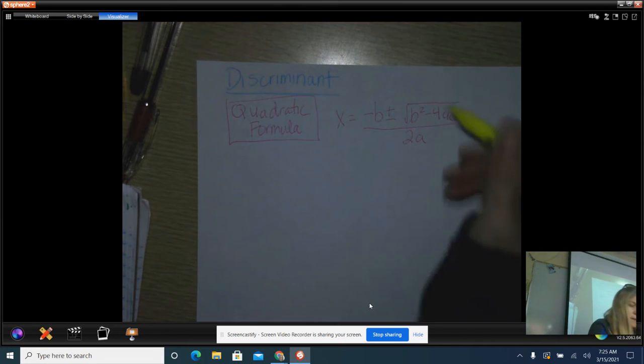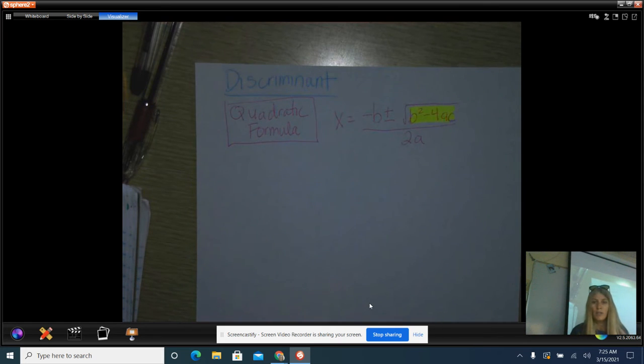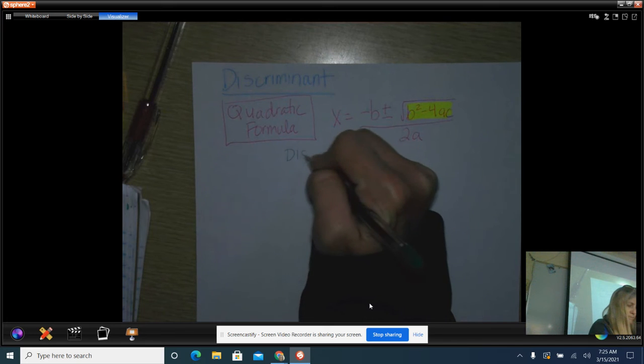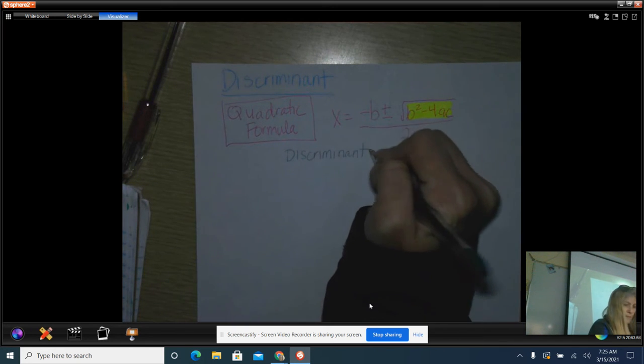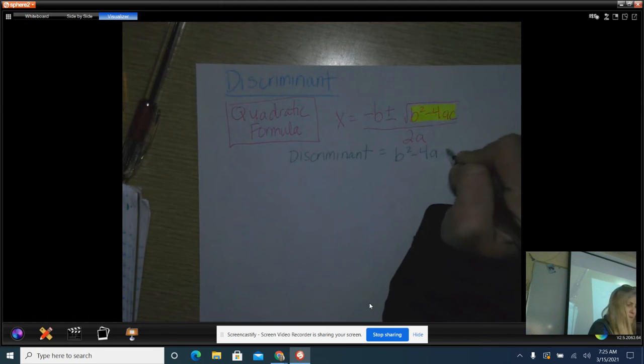Now, the discriminant is very simply the portion of the quadratic formula that you find underneath the square root. So our discriminant is b squared minus 4ac.